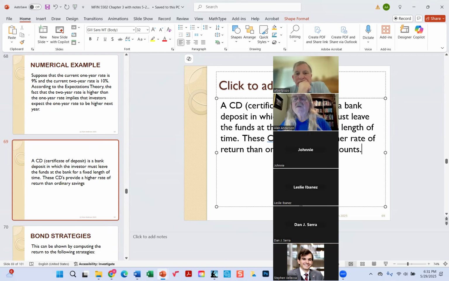In other words, they're rewarding you. They're saying, listen, if you can commit to leaving your money here for 2 years and you swear you'll never try to take it back, we can give you a higher rate of return. It makes sense for them because it's easier for them to take this money that's locked up and lend it out to other customers at a higher rate of interest. So it's helpful to the bank to have this money locked into place.